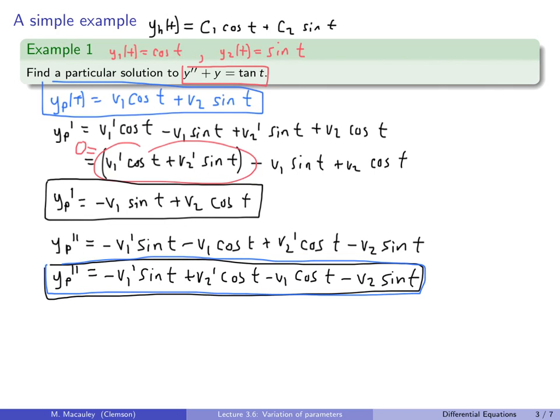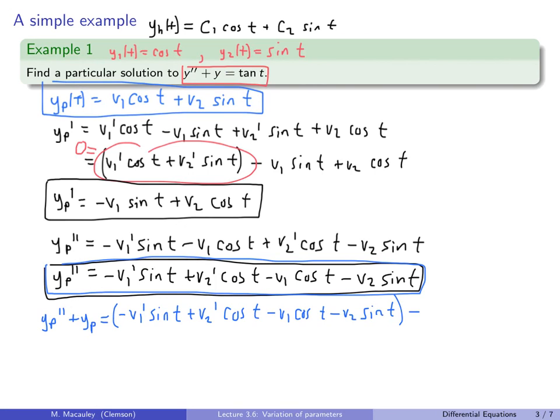So let's plug in y double prime plus y and set that equal to tangent. So yp double prime plus yp, what is that going to give us? Let's write yp double prime first: negative v1 prime sine of t plus v2 prime cosine of t minus v1 cosine of t minus v2 sine of t.